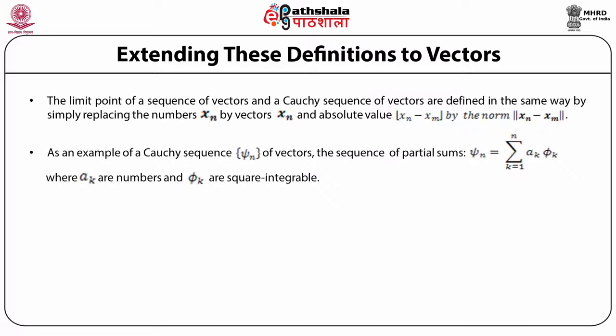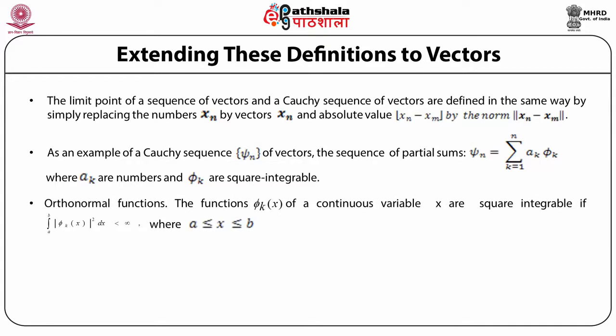As an example of the Cauchy sequence, let us consider a sequence of vectors psi n. Then the sequence of partial sums can be defined as psi n equals the summation k going from 1 to n of ak phi k, where ak are numbers and phi k are square integrable orthonormal functions.